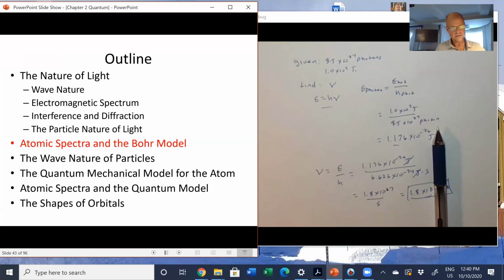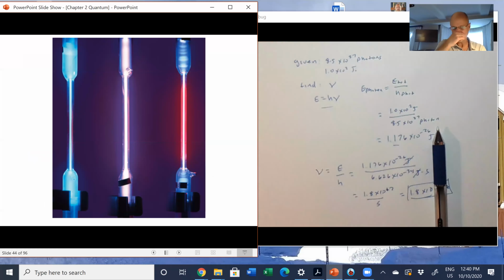So another observation that physicists started seeing was the spectra that was given off by atoms, all right? And so let's talk a little bit about the atomic spectra and the Bohr model. So atomic spectra result when you have an evacuated tube with some element in it, usually in the gaseous form, and you pass current through that and they emit light, all right?